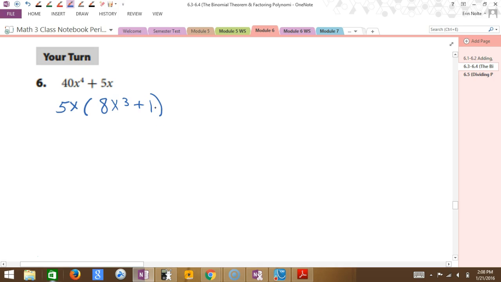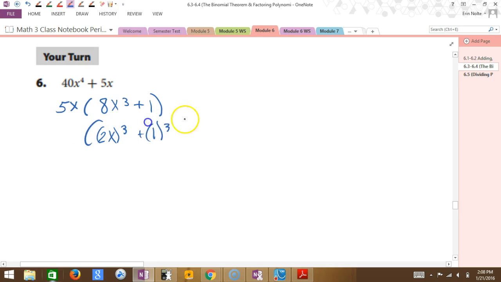So, well, I can't use the box method because it's a cubic. It's not a quadratic. So could I use a factoring pattern? Well, I know that 8x cubed is just 2x quantity cubed, right? Yeah. And then 1, I can just write 1 cubed.